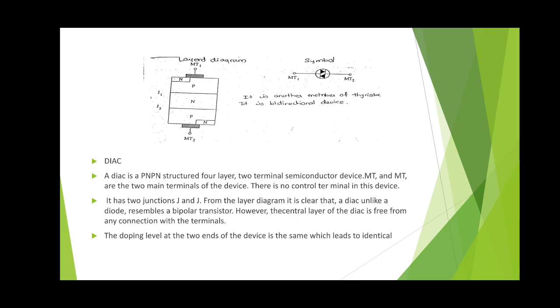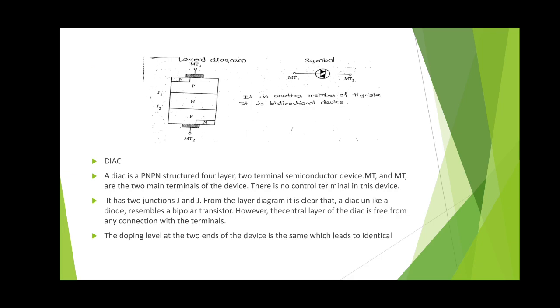So when we see the structure, we see that there are two terminals, that is MT1 and MT2. Then there are two junctions J1 and J2, and the layered structure is shown in the diagram. So a diac is a PNPN structured 4-layer 2-terminal semiconductor device.